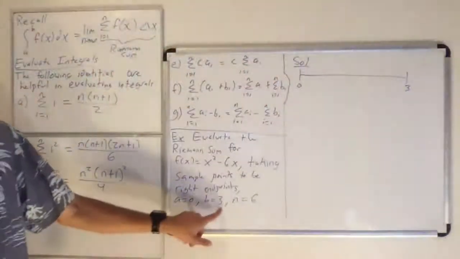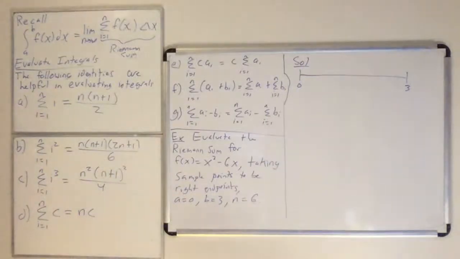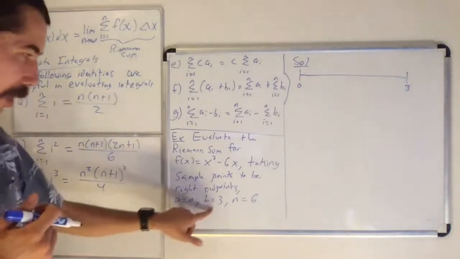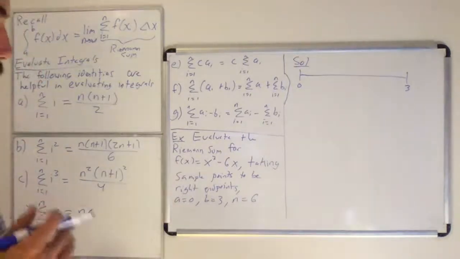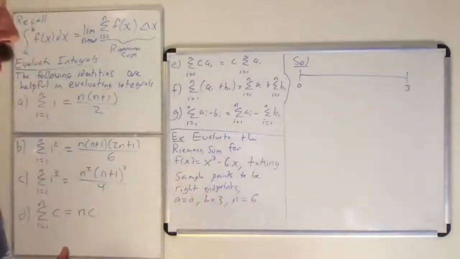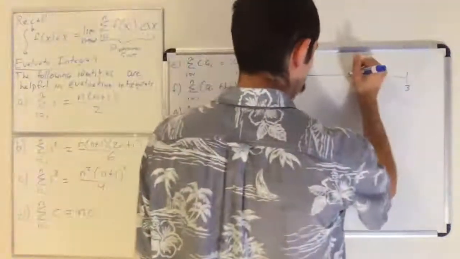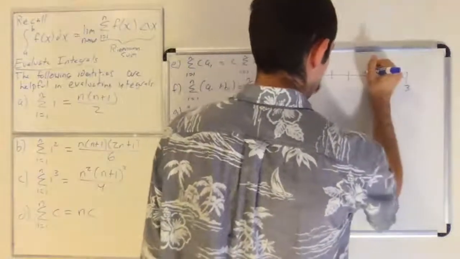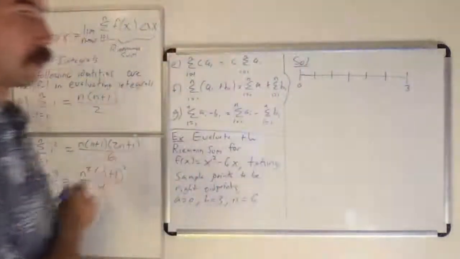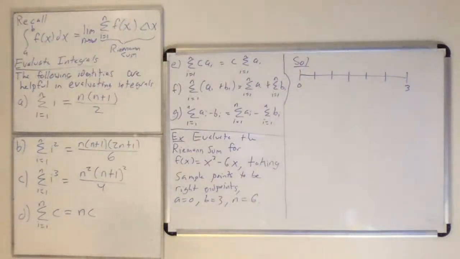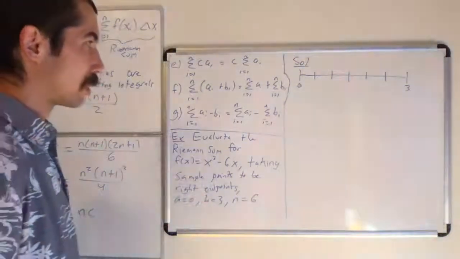We'll take our number line, which goes from 0 to 3, and break it up into 6 subintervals of equal width, and our sample points are the right endpoints.